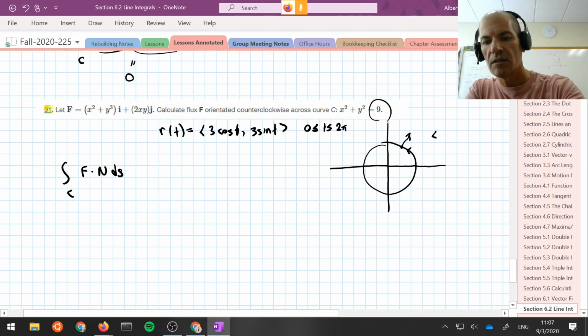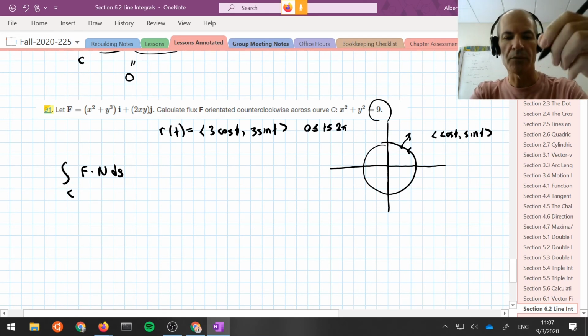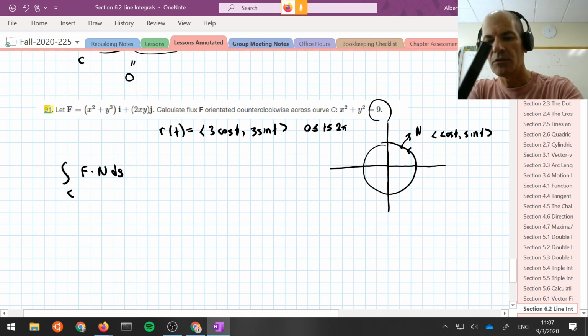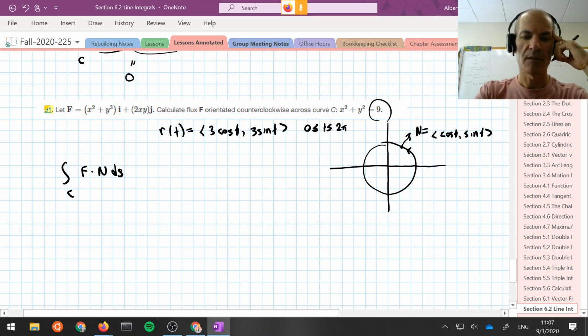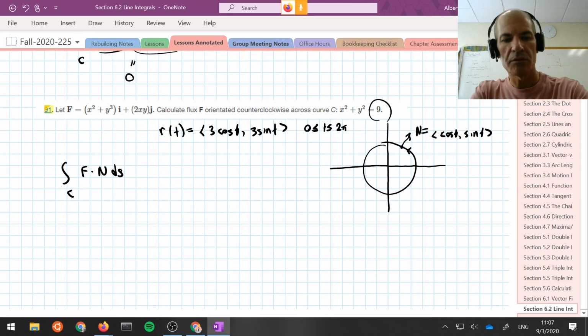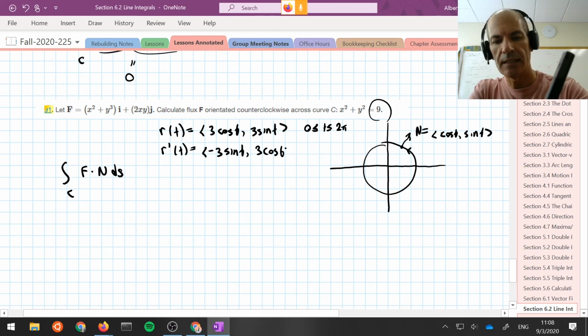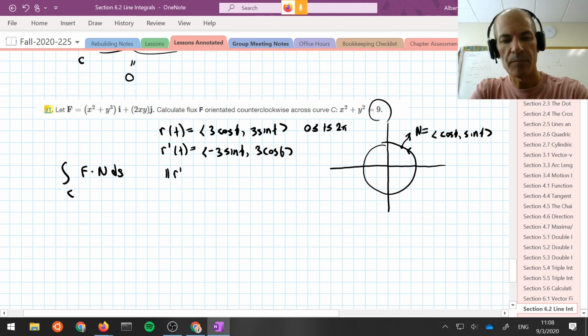It's just <cos t, sin t> without the 3. So luckily we can reason out what n is, we'll just tuck that away. Let's compute ds, or in other words, let's compute r'(t) and then the magnitude of r'(t). r'(t) is <-3 sin t, 3 cos t>, and the magnitude of r'(t) is actually just 3.